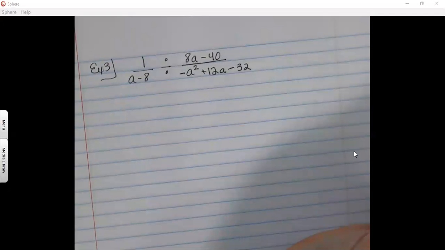So I'm going to keep my first fraction the same. I'm going to replace division with multiplication. And I'm going to write the reciprocal of the second fraction.